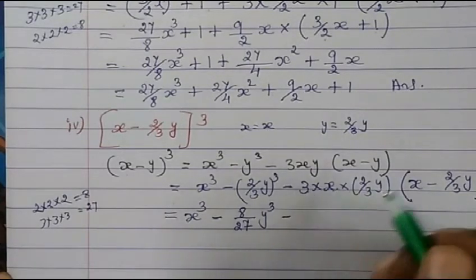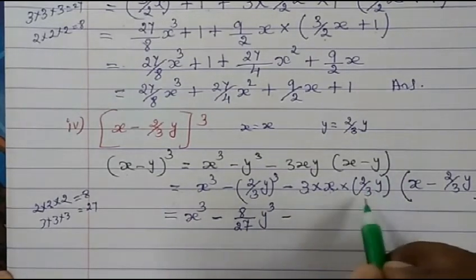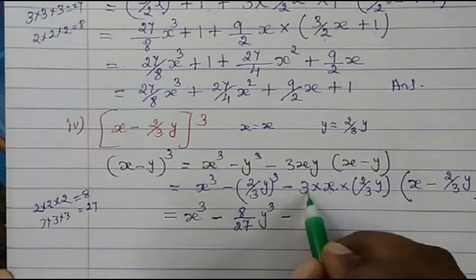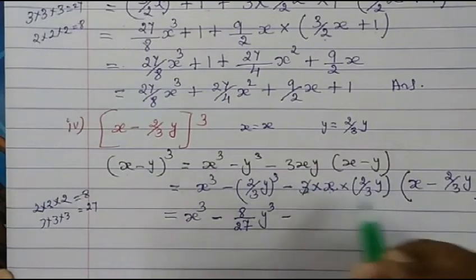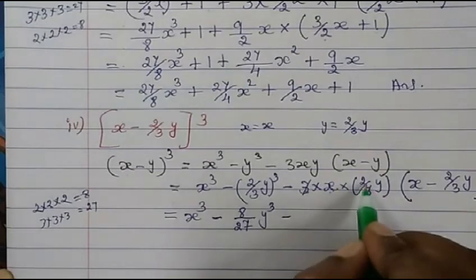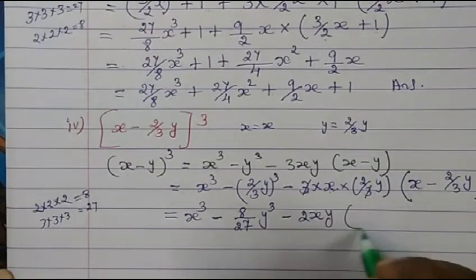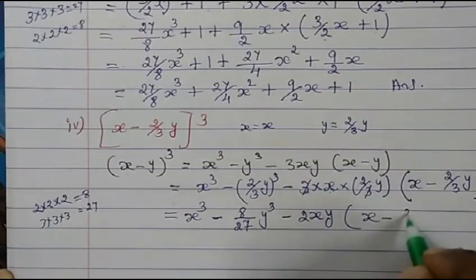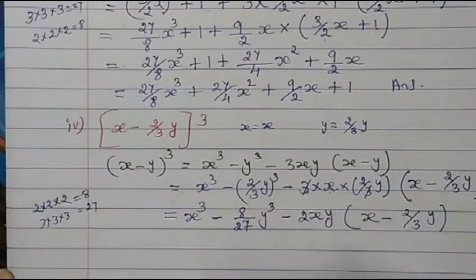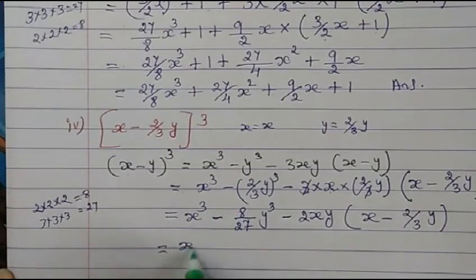Then y cube. Now minus 3 into x will be 3x, but now this xy, let us leave it. Here 3 is there, here 3 is there, so we can cancel this. Now what we have is 2, we have x, y we have, so 2xy. Now in bracket, we'll write as it is, 2 upon 3 y.